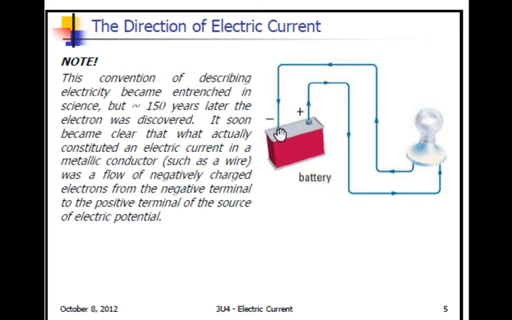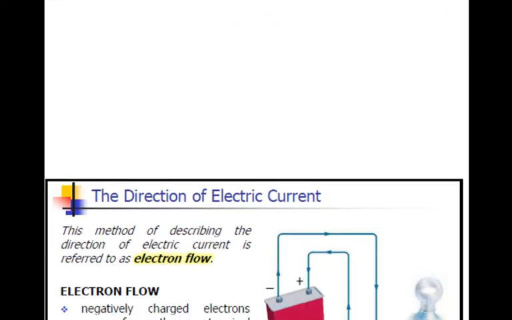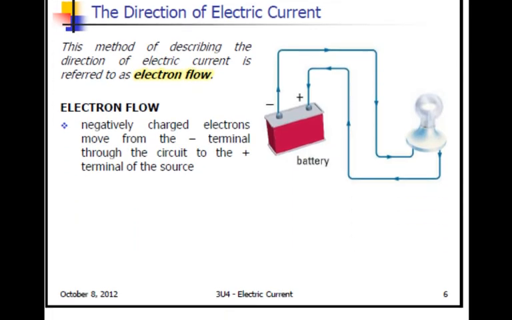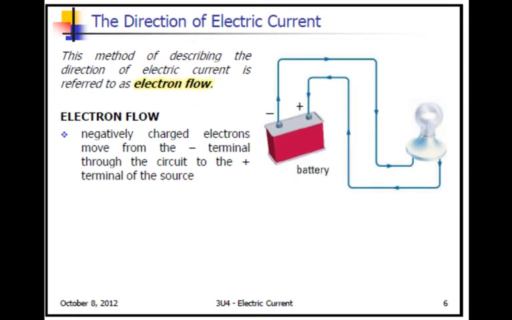It goes from the negative terminal to the positive terminal. That's the direction of electron flow. Our direction of electric current, though, has been defined as the opposite. So that is the situation we have in science and technology now. It's interesting to note that we still use both, even though the electron flow is really the more correct one.